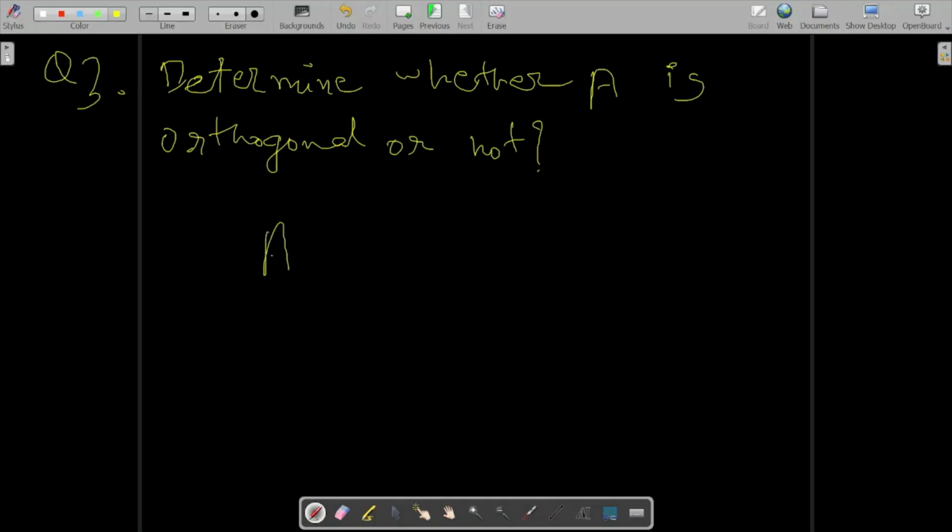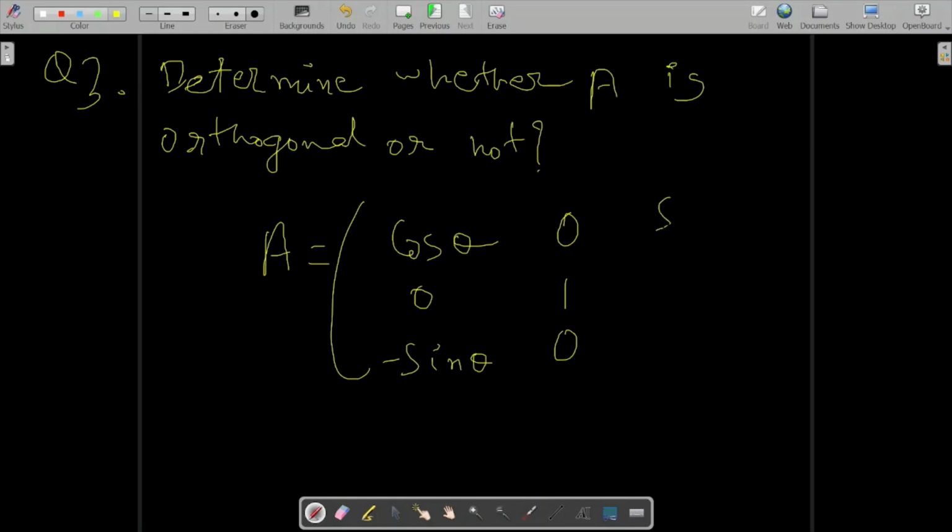So your A is given like this: cos theta, 0, minus sin theta; 0, 1, 0; sin theta, 0, cos theta.